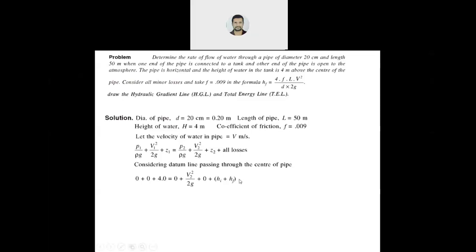Now losses. Losses will be friction loss and inlet loss. There is only one pipe, so there will be one inlet loss, and inside the pipe there will be friction loss. So simplify it. You will get this equation: 4 equals V² by 2g plus hi plus hf. Now hi, the head loss due to entrance, is given by 0.5 times V² by 2g.